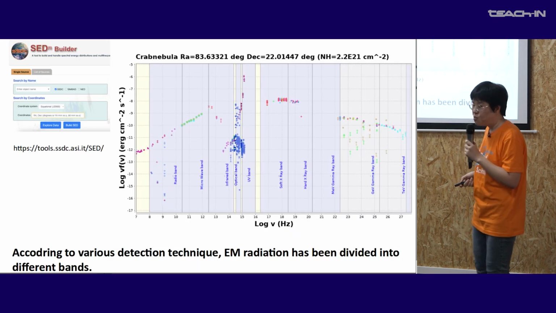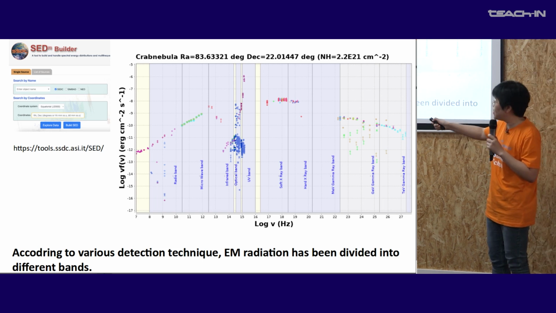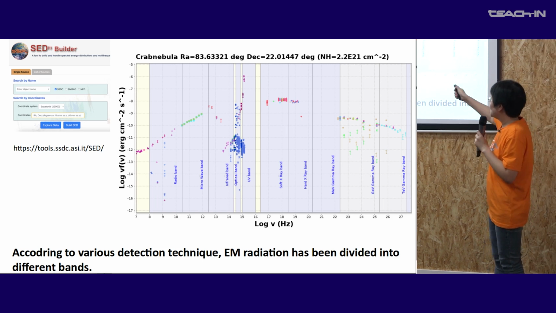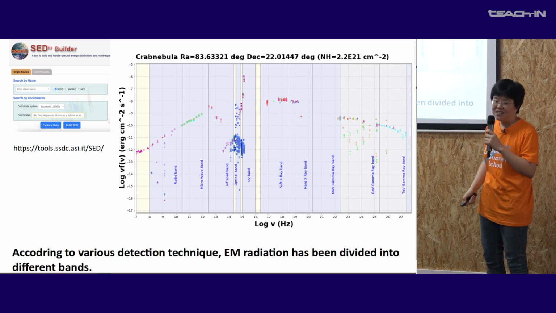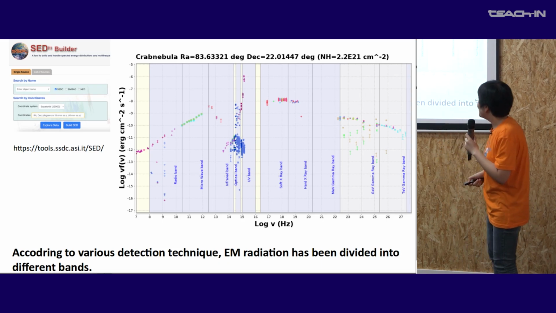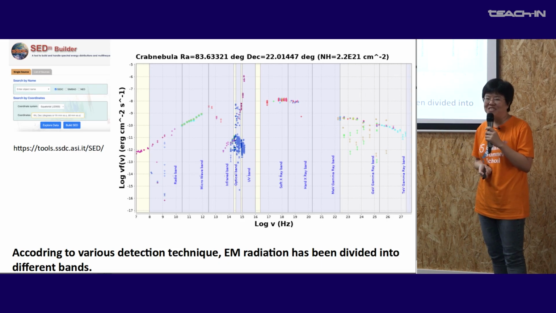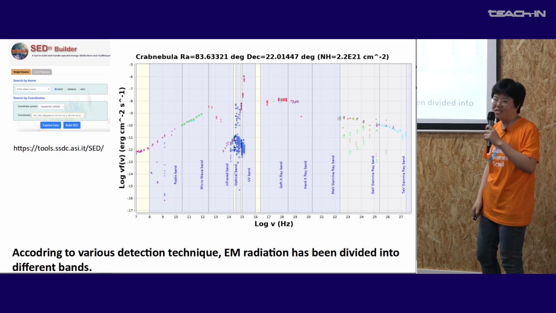And then you can get the SED easily from this website. It will give you the SED, the spectral energy distribution. And there is one question. This is already a challenge for us. If you observe this SED, which part is missing?